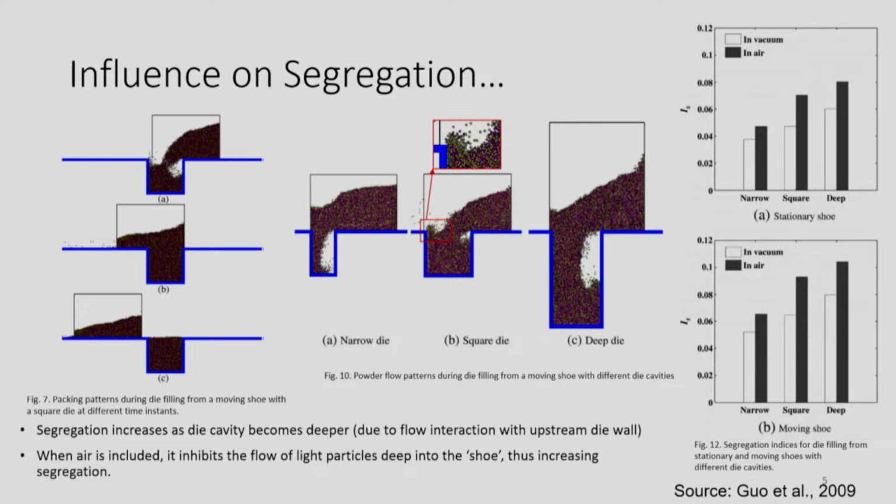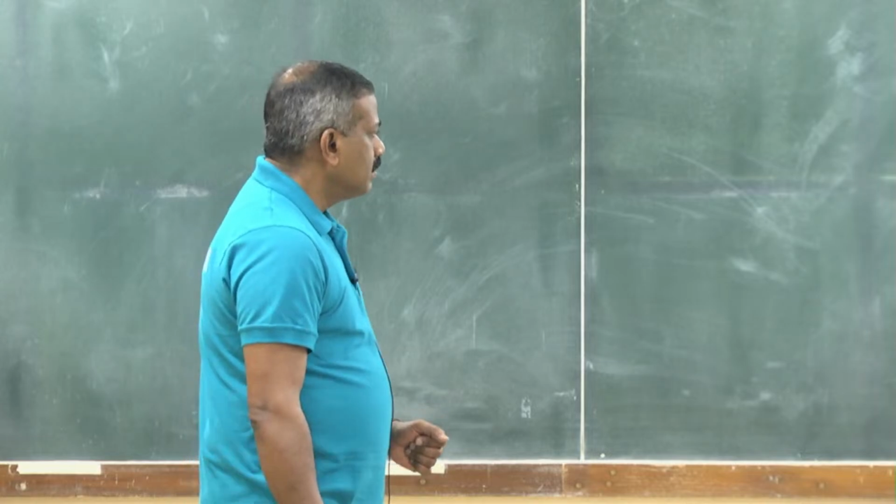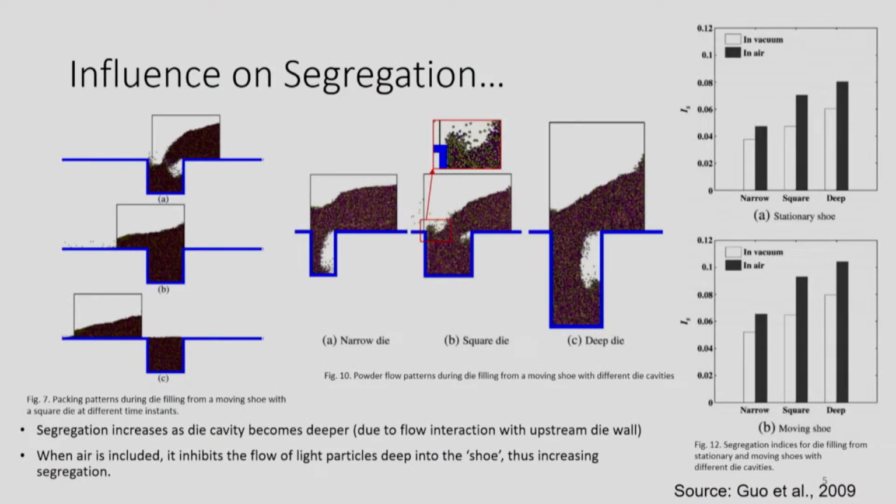Depending on the die size or shoe size and their width and depth, density has a major role. What they usually do is add some air or pull the air out. If there is air, there will be higher turbulence and higher segregation, so you pull all the air out so that the chance of turbulence is very low.